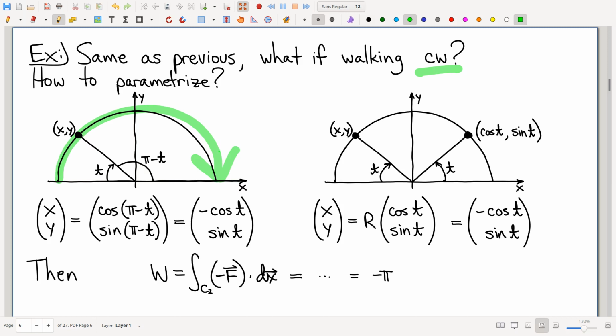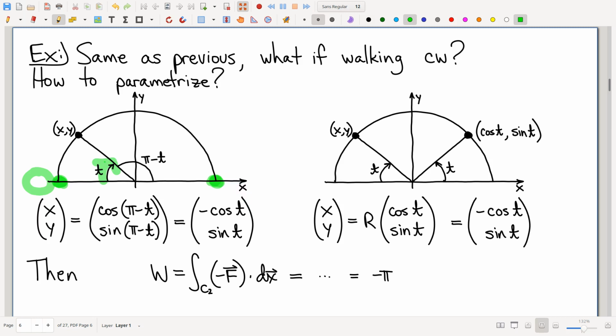Okay. So here's a couple of different ways to do it. My first observation is that if you are indeed going clockwise, this is what you might call t equals 0, is this point right here. That's where you're starting. And then you're going to end right there. And so, roughly speaking, this angle that I've got labeled in green here, that's what I'm going to say is basically your t.